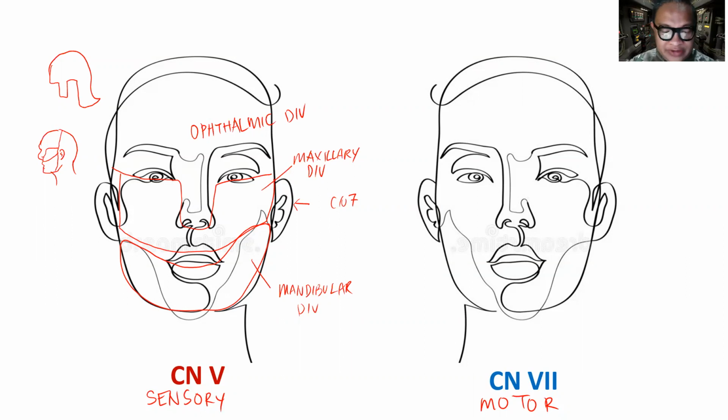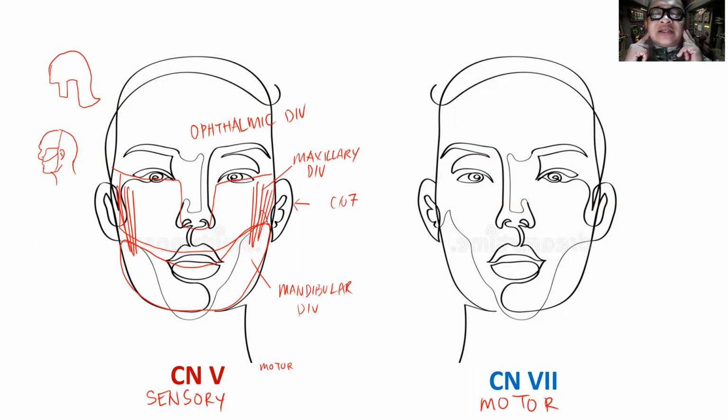What else? How about your motor function? Your motor function is just minor. Well, if you think chewing is minor. So your major muscles for mastication, your temporalis, your masseter, your lateral pterygoids, those are your muscles of mastication. So when you're checking for the motor function of cranial nerve 5, check the temporalis and masseter, the muscles here.